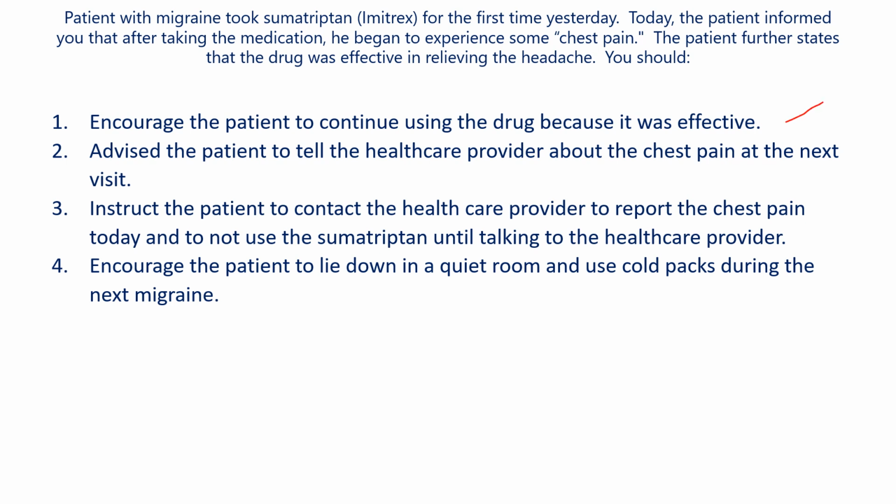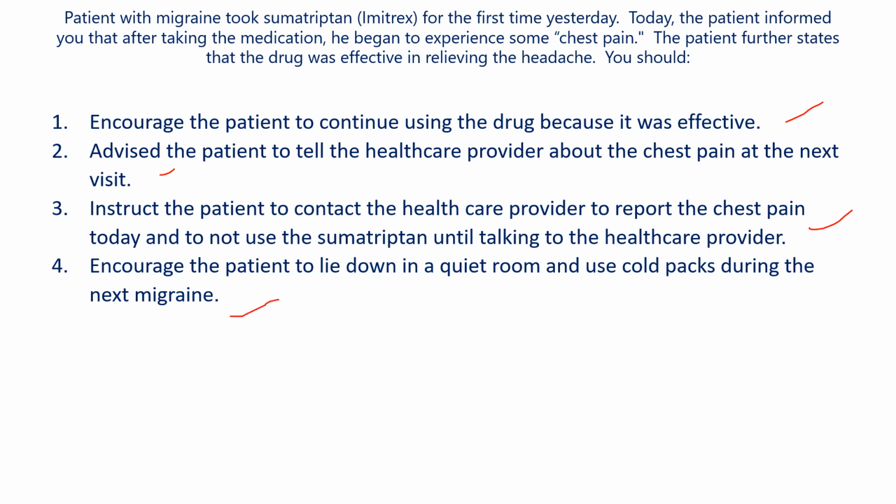Number two, advise the patient to tell the healthcare provider about the chest pain at the next visit. Or number three, instruct the patient to contact the healthcare provider right now to report the chest pain today and not to use the medication until talking to the healthcare provider. Number four, encourage the patient to lie down in a quiet room and use cold packs during the next migraine.